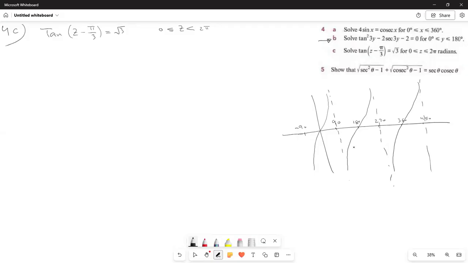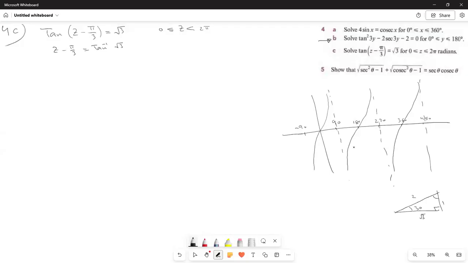From here, you can see that z minus pi by 3 is equal to tangent inverse of square root of 3. Remember, if I have a triangle of 30 degrees, this is a right angle, so the sides are 1, 2, square root 3.